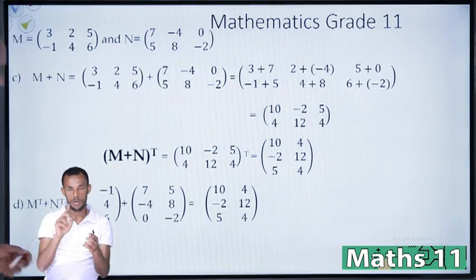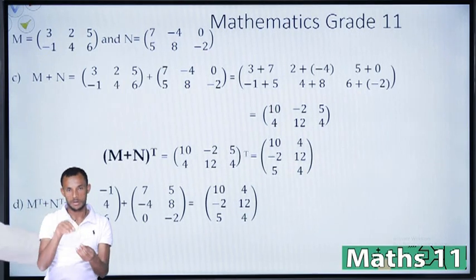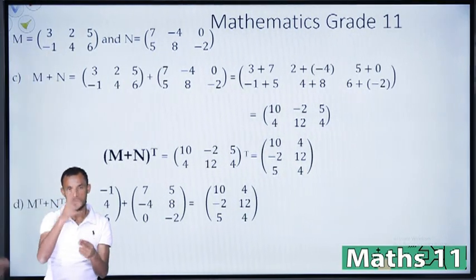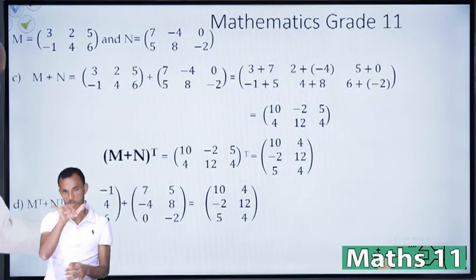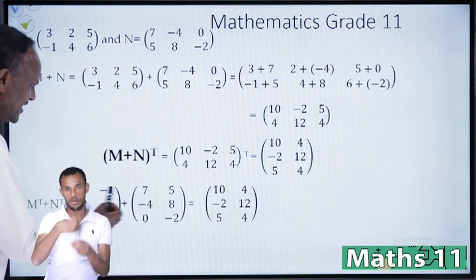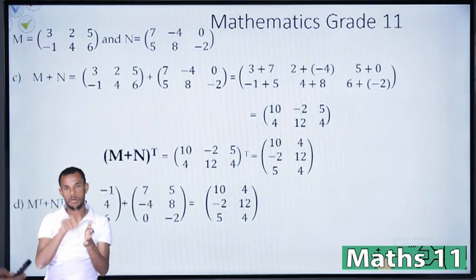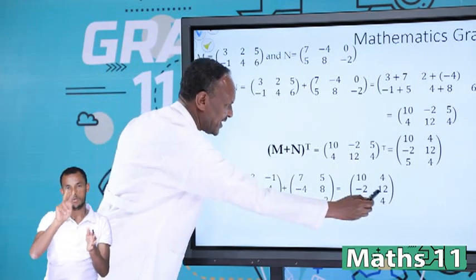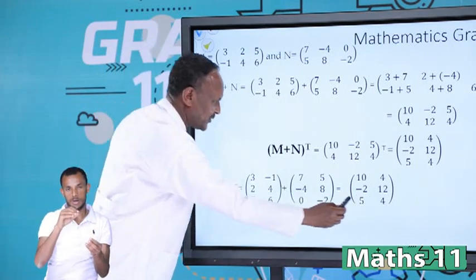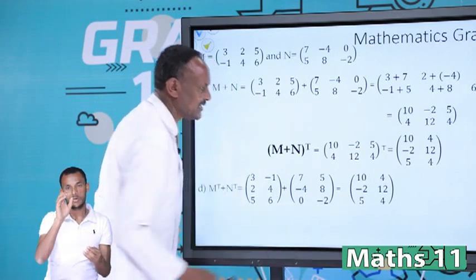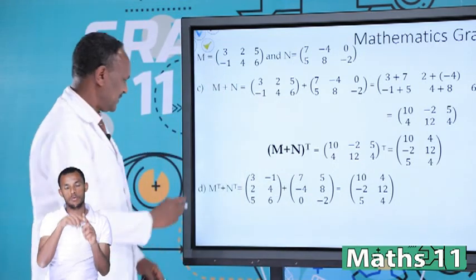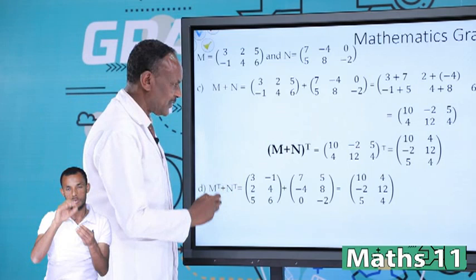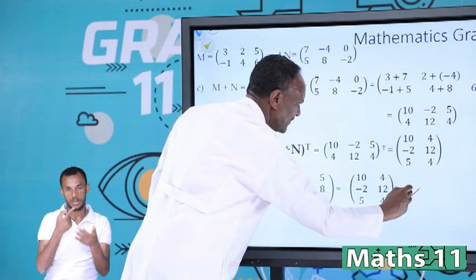When these two are added up, since they have the same size, 3 by 2 and 3 by 2, add corresponding elements. 3 plus 7 is 10, -1 plus 5 is 4. 2 plus -4 is -2. 4 plus 8 is 12. 5 plus 0 is 5. 6 plus -2 is 4. So the sum of the two transposes gives this one.